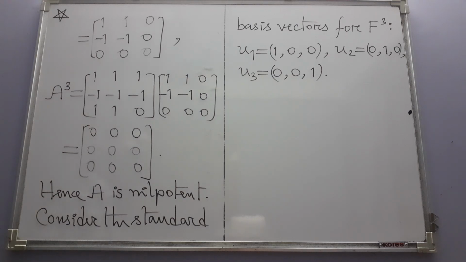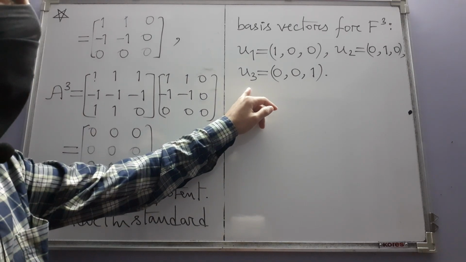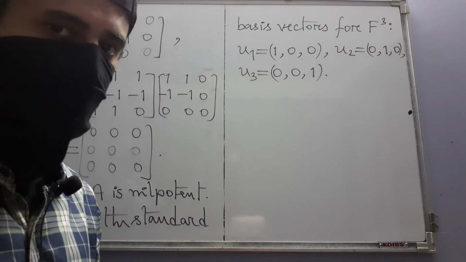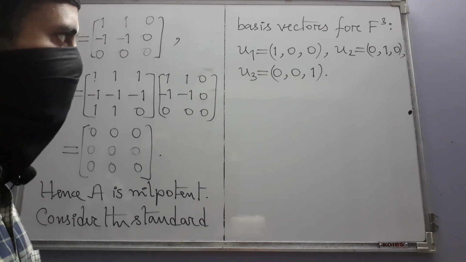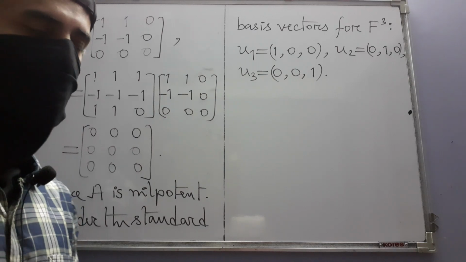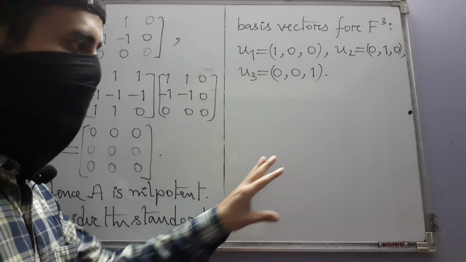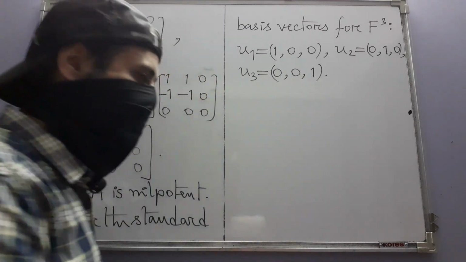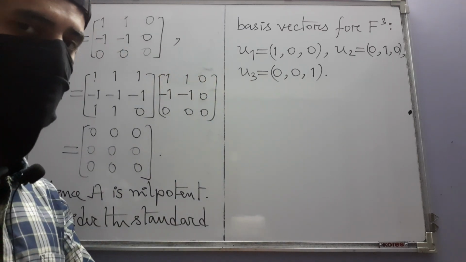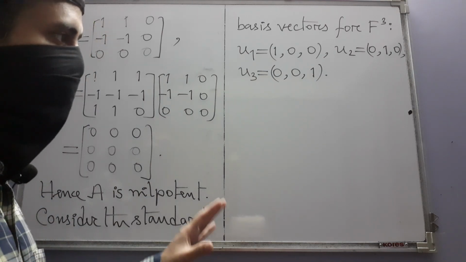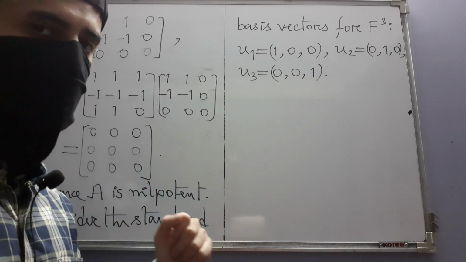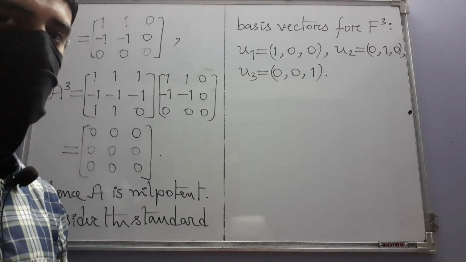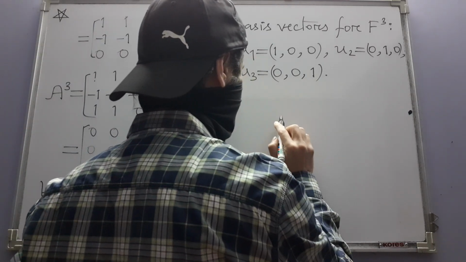Now what we do, we see the effect of the linear transformation A, that means our matrix A, on these basis vectors. But how is the matrix A a linear transformation? We are not saying that the matrix itself is a linear transformation, but it can be used to give us a linear transformation whose matrix will be it.